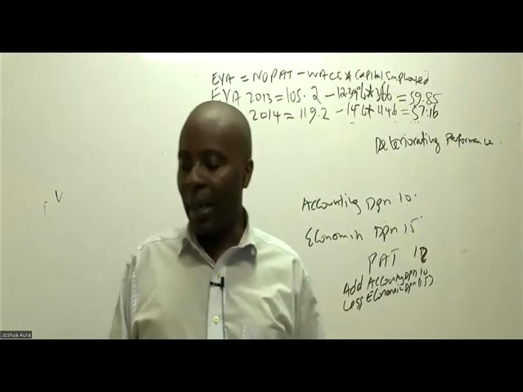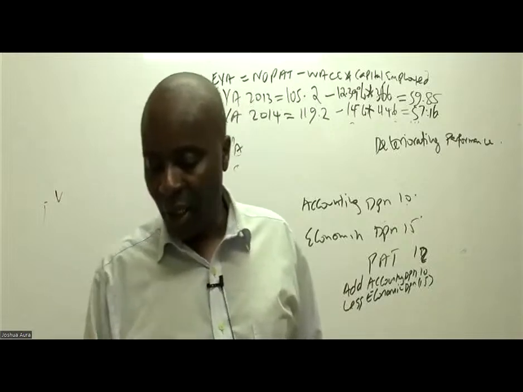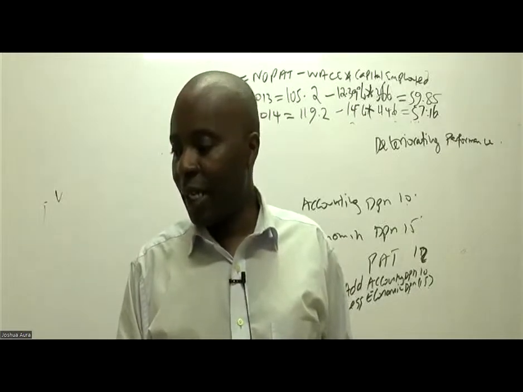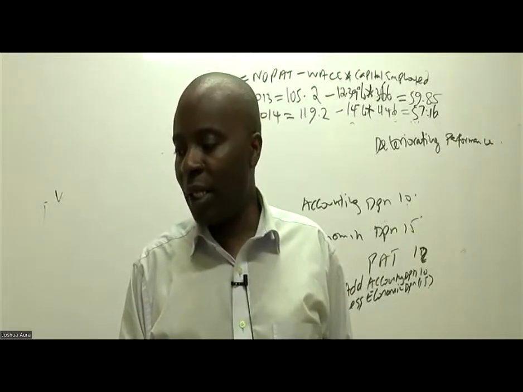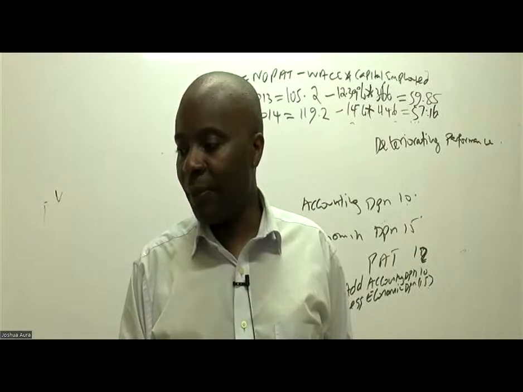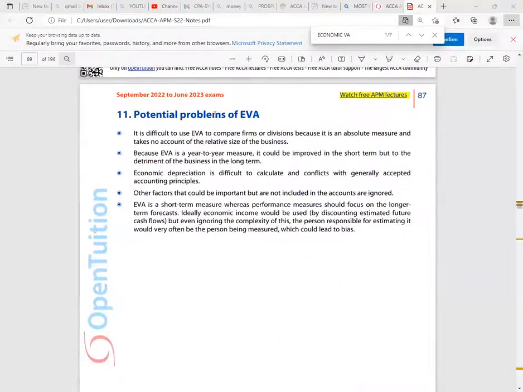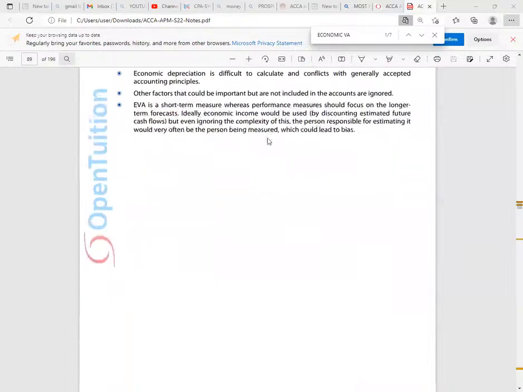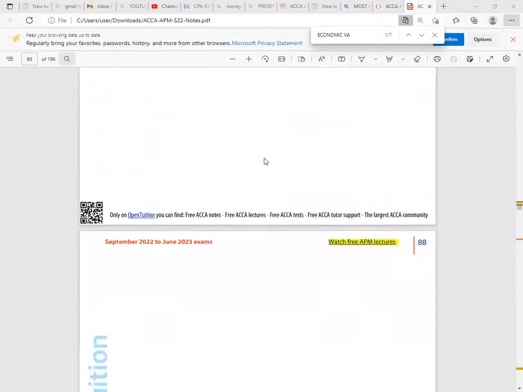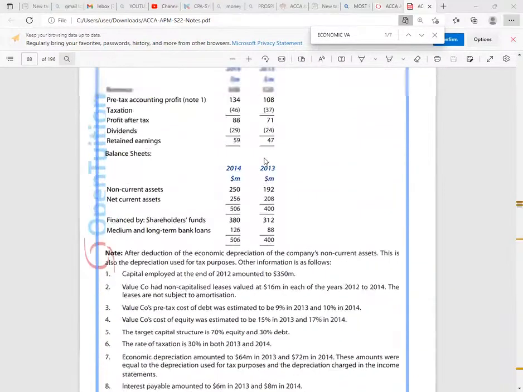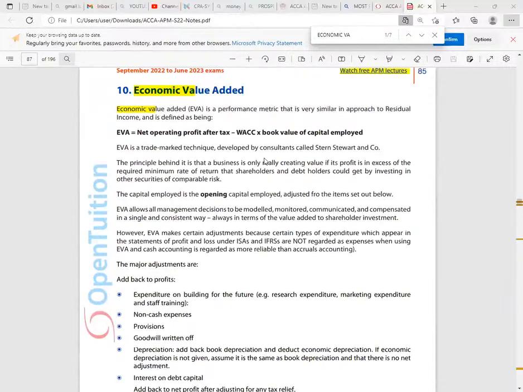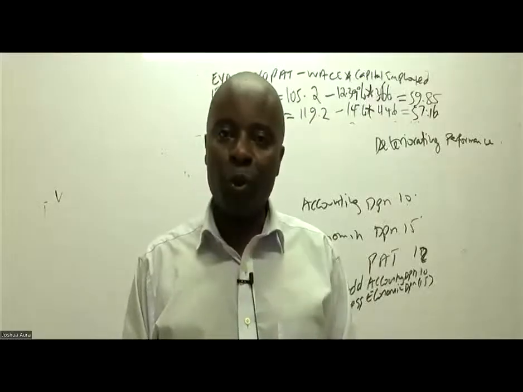So, ladies and gentlemen, you've come to the end of this particular concept, and I would really want you to go and look at this book, especially the potential problems of EVA. You need to go and look at these theories. They're very important. Then I would want you to select one question from your past paper on EVA and do it.